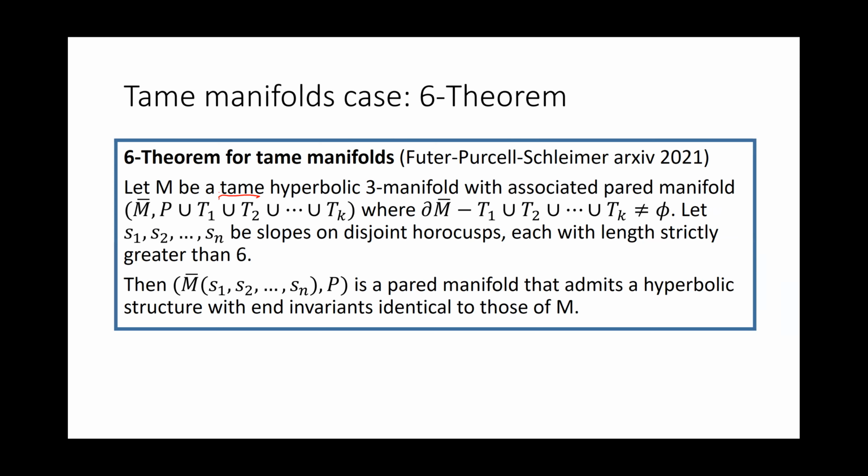Then when you do the Dehn filling, this M with parentheses, this means the topological Dehn filling, you get a paired manifold whose interior admits a hyperbolic structure, and the end invariants are identical to the ones that you started with. So we're changing the paired manifold entirely, but we can get the same end invariants. Okay.